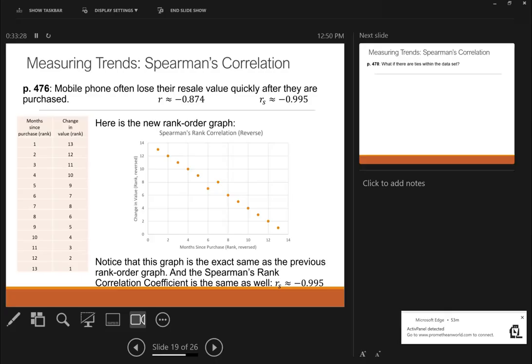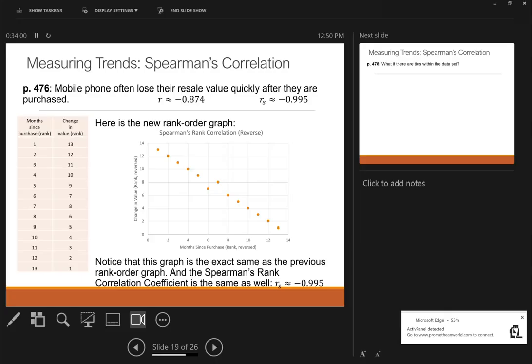As long as you don't do one column highest to lowest and the other column lowest to highest, you're going to be fine. As long as you pick one way of doing it and do it for both columns, it's going to be okay. Which is nice, right? It's one less thing to worry about. I just have to rank them. It doesn't matter if I do highest to lowest or lowest to highest, as long as I do the same to X and Y, we're good.